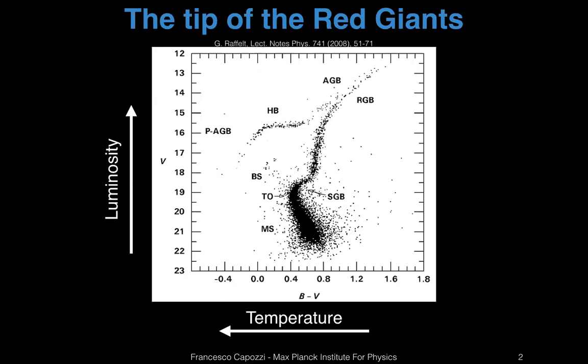You can see that the stars are more or less clustering on the main sequence, where they spend most of their life. Then if we move to the top right corner, we start having the red giant branch, which is exactly what we will be focusing on in this talk.